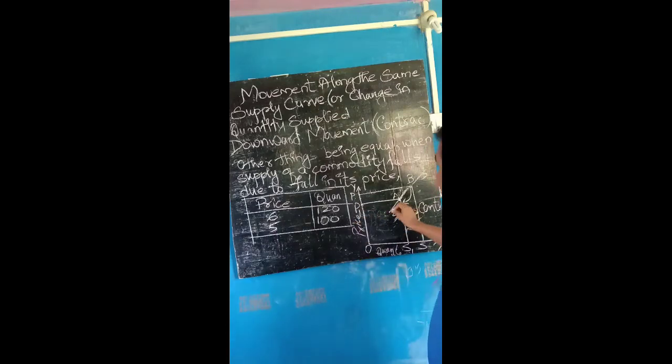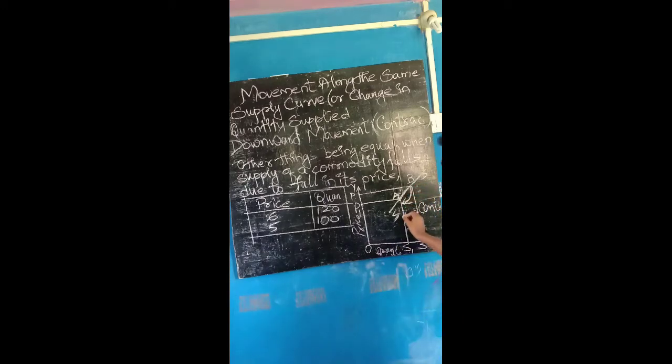And it is shown by the downward movement of the supply curve SS, from point A to point B. The supply curve is moving down.